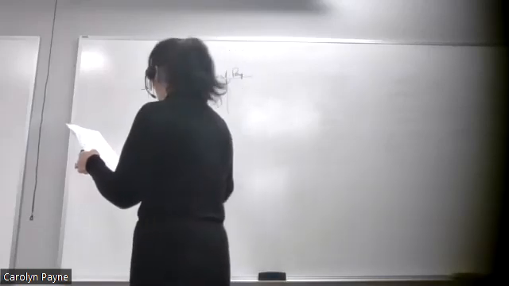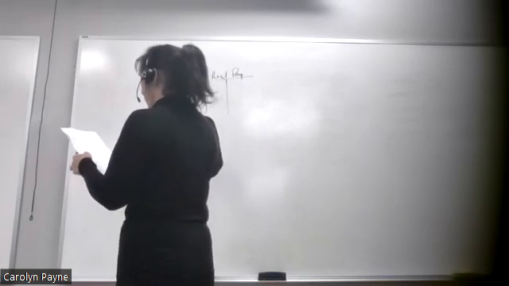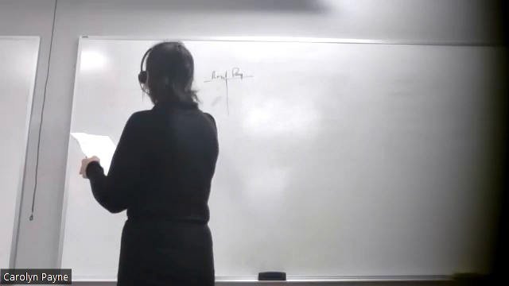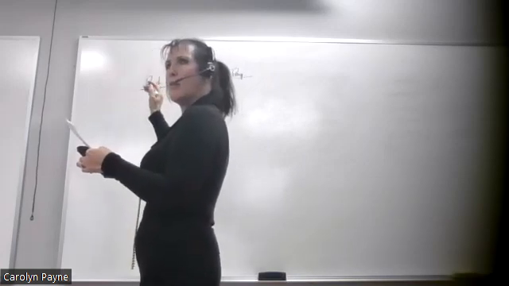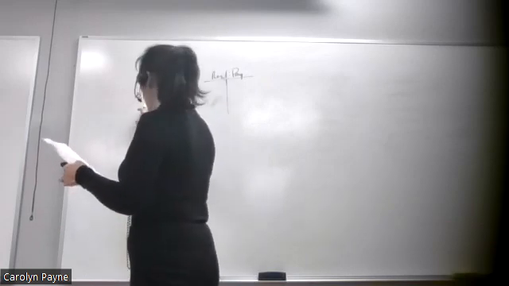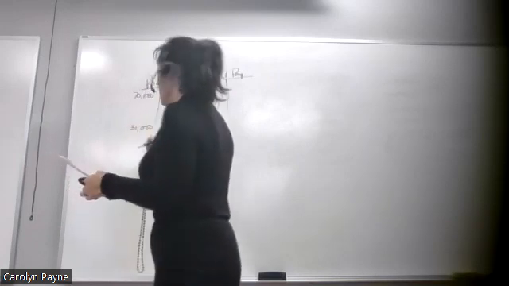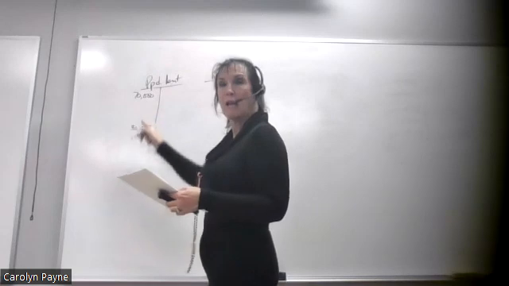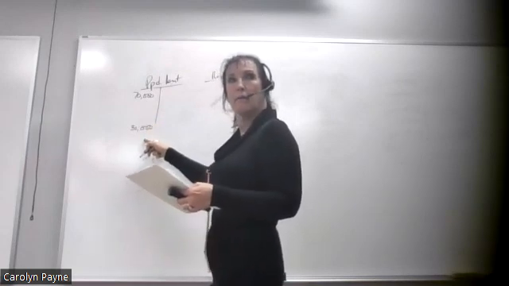Prepaid rent at December 31st, year one, is debit or credit? Debit, okay, because it's an asset. So year one, it's 70,000. Year two, the beginning of the year, it's 70,000. End of the year, it's 30,000, right?